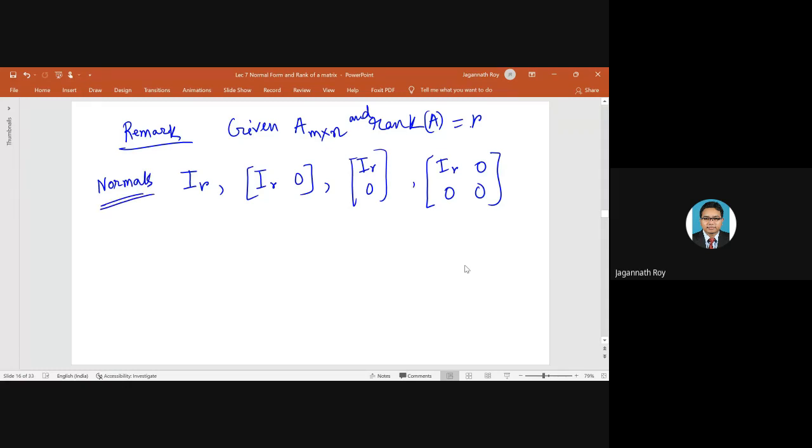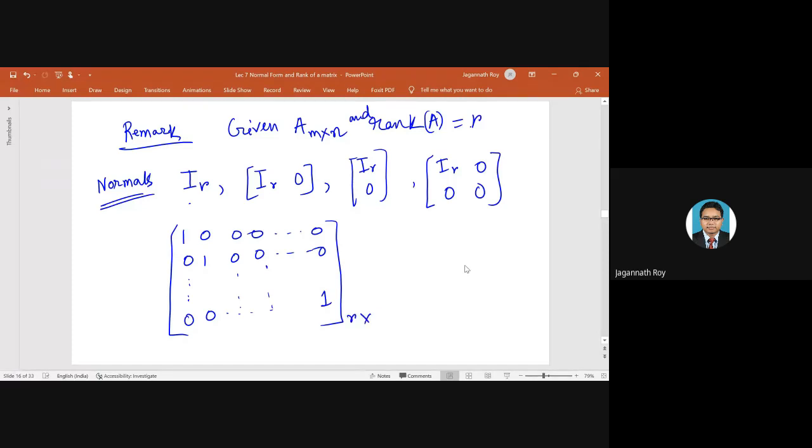Now, if you look at the matrix I_R, it will have this form: 1s on the diagonal and 0s elsewhere.